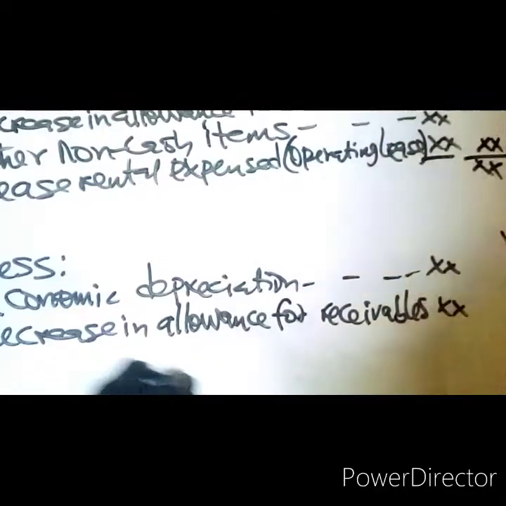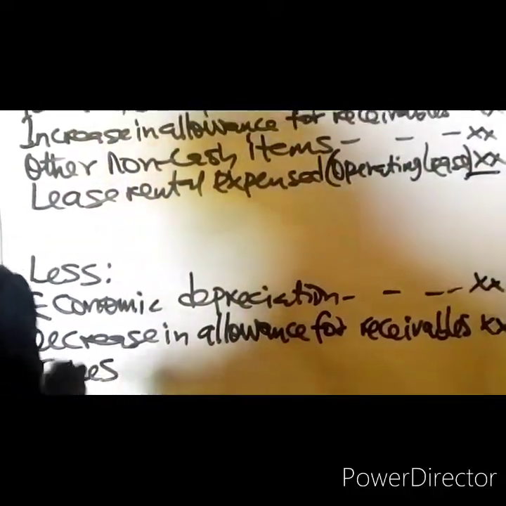You add increase, you less decrease. Then you have taxes charge, you less tax. So after this adjustment, you arrive at the adjusted NOPAT.